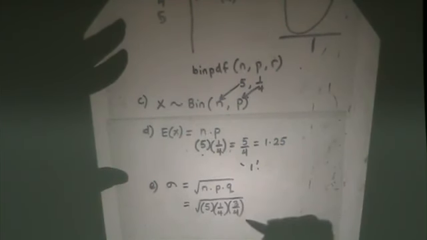This is instead of doing E of x squared minus mu squared and then taking the square root. You wouldn't bother with all that because you have shorter formulas now that you know that it's binomial. So radical npq. So this is radical 5 times 3 is 15 over 16.